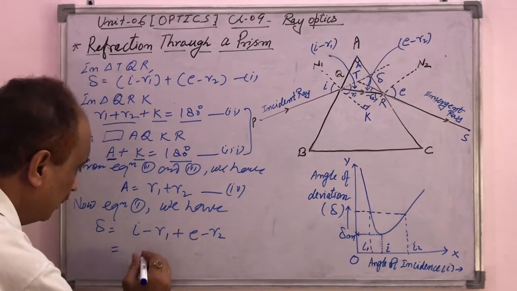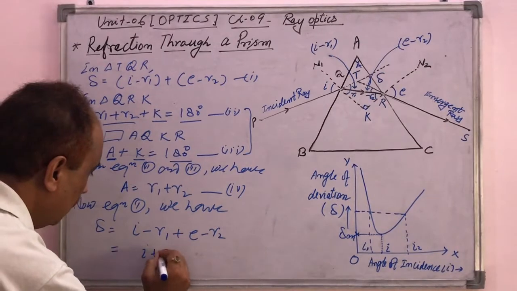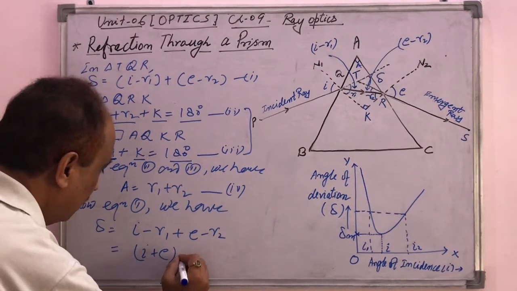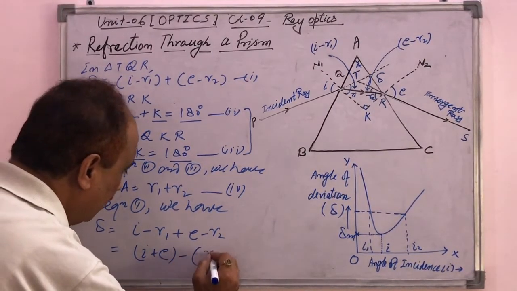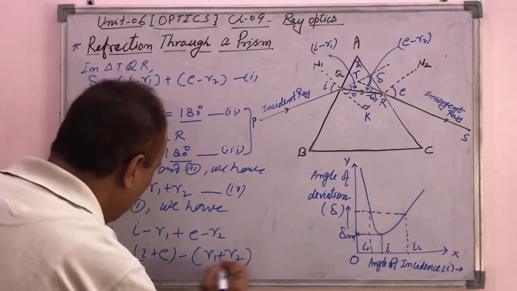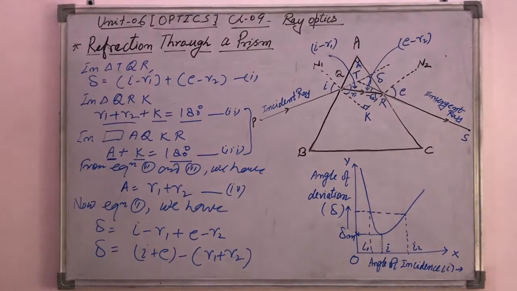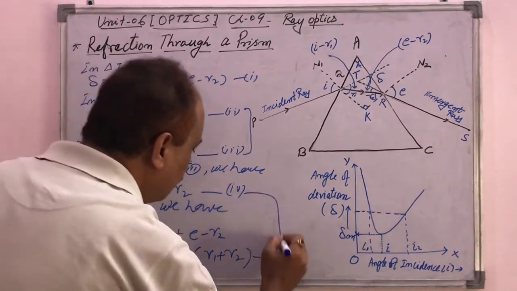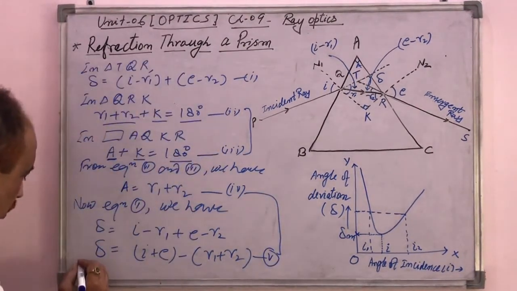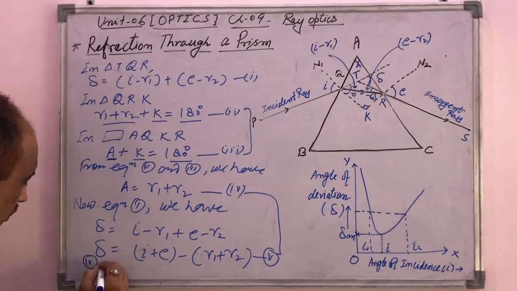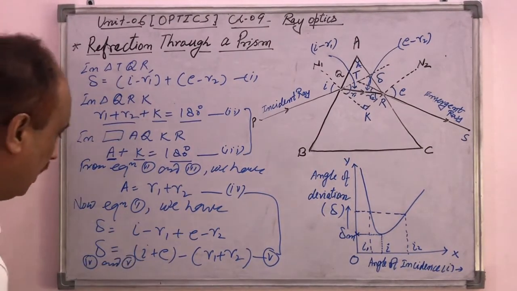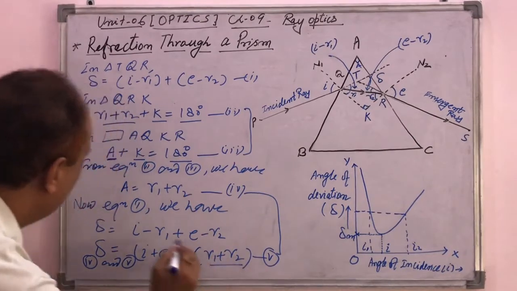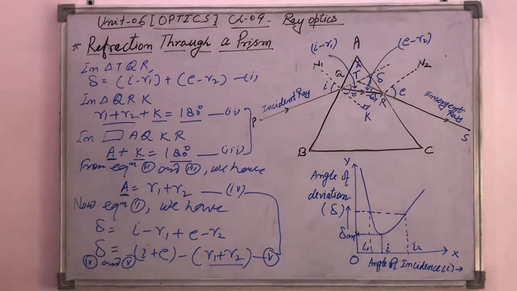Write it like this: I plus E in one bracket, and taking minus common, write R1 plus R2 in the next bracket, that is equal to delta. Now this is equation number 5, and from equations 4 and 5, we have this R1 plus R2 equal to prism angle A.